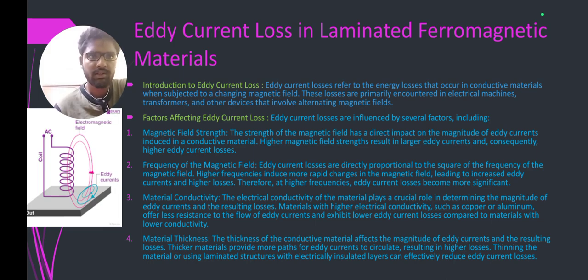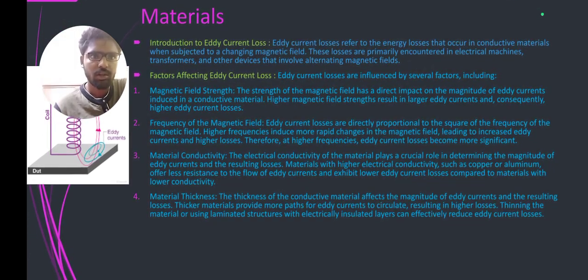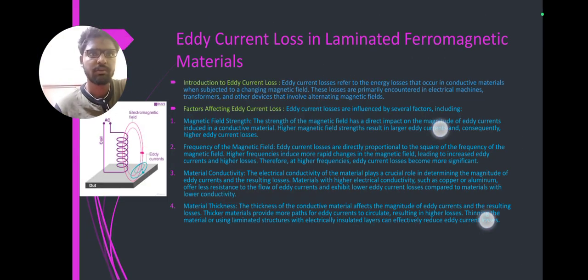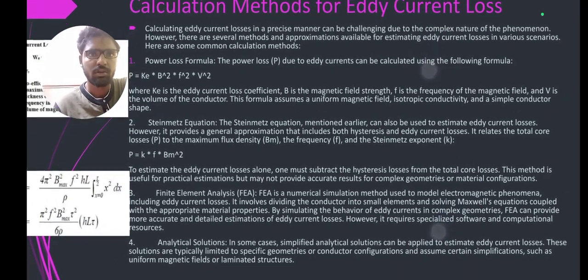Material thickness. The thickness of a conductive material affects the magnitude of eddy current. A greater thickness provided by the material makes more paths for eddy currents to circulate.